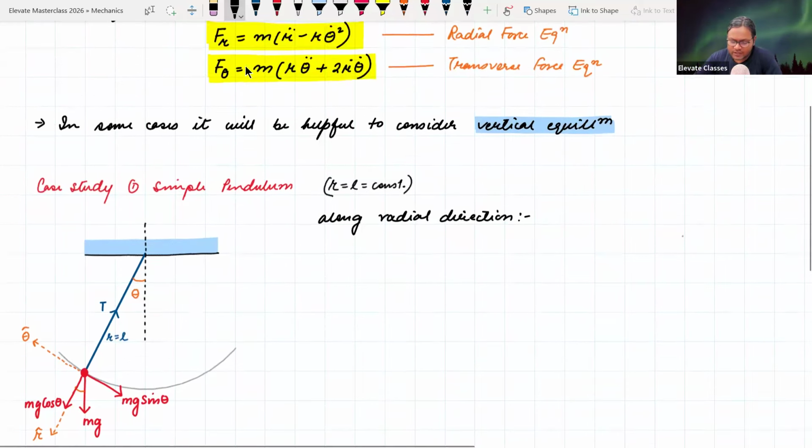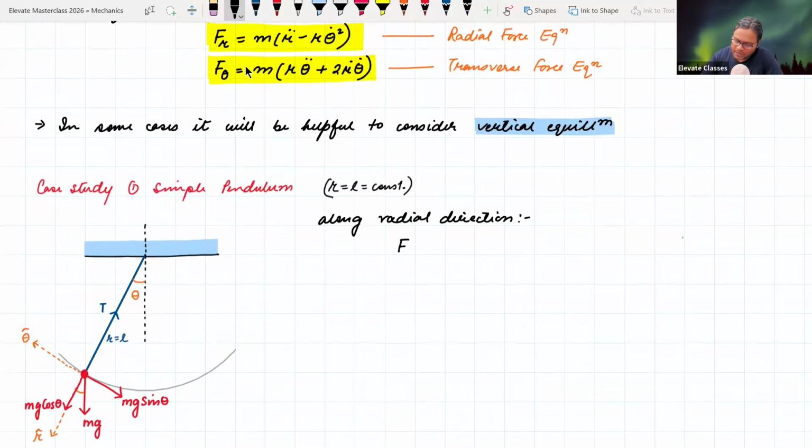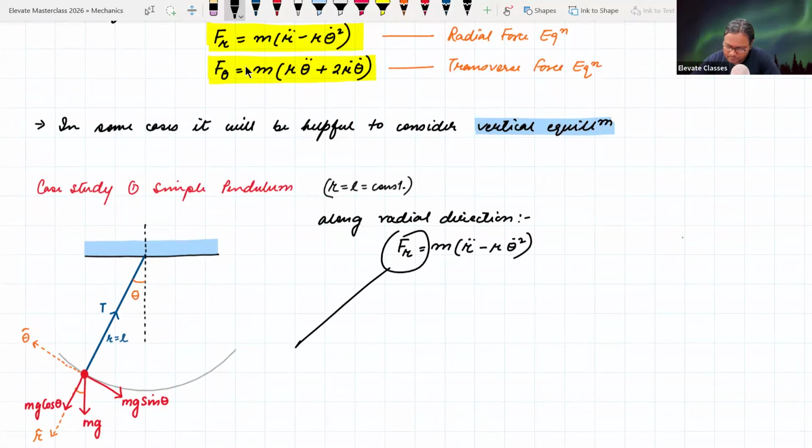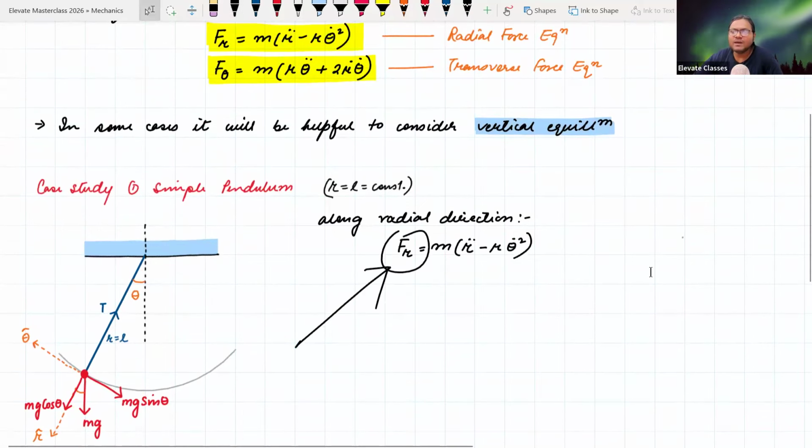The force equation is already given to us. Fr is equal to m (r double dot minus r theta dot square). This is the force equation by definition for any problem. So the question is, what is Fr? What is the net unbalanced force along the radial direction?